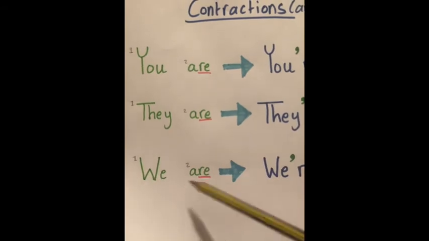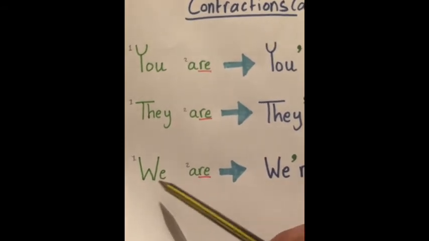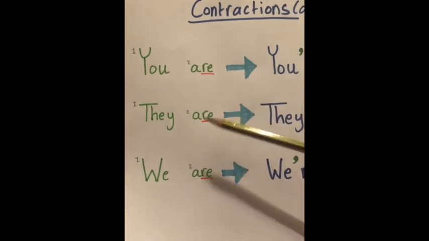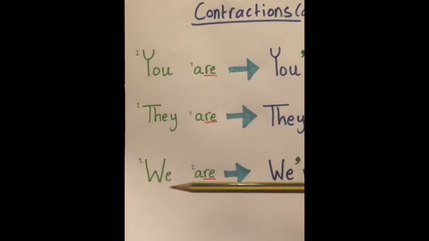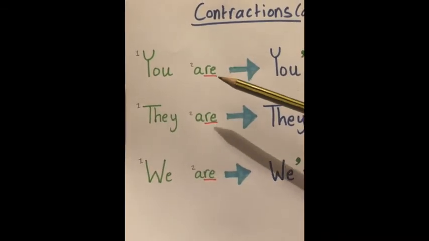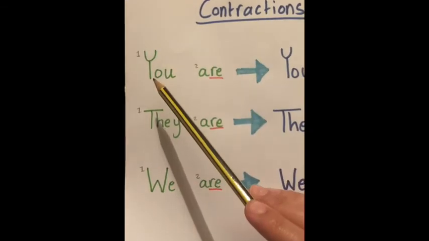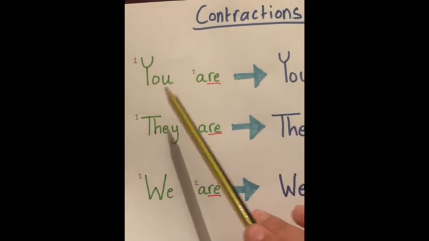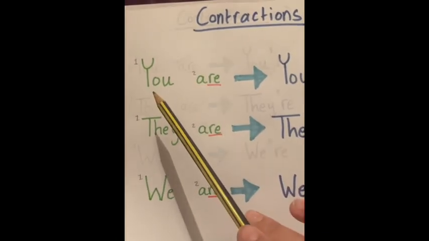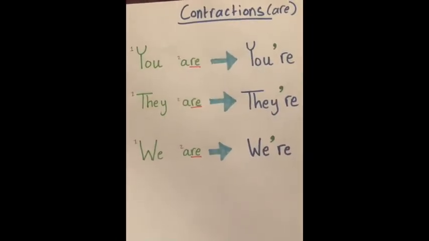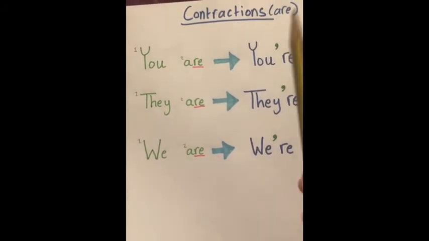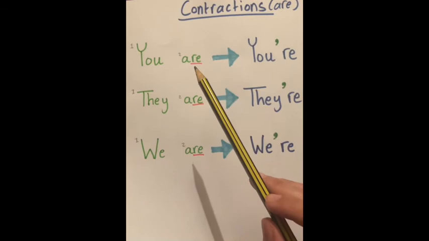You don't say we is, you say we are. Okay? So are is used when we are talking about more than one person. Okay? Now, you is an exception. Okay? You is different. We always use are with you.